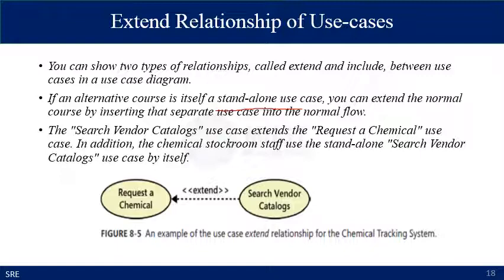For example, the search vendor catalog use case extends the request a chemical use case. In addition, the chemical stockroom staff use the standalone search vendor catalog use case by itself. So for example, if you request a chemical, you also search the vendor catalog.